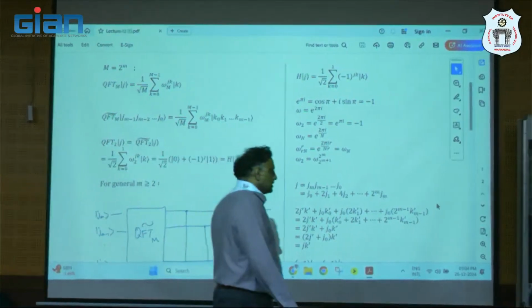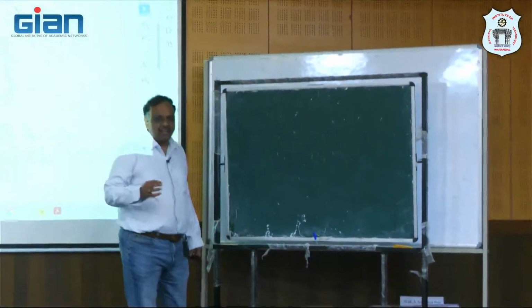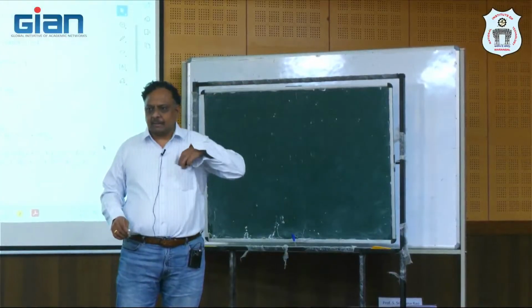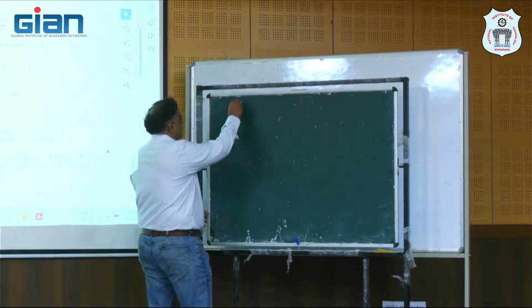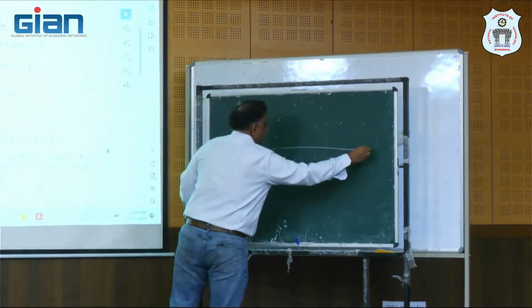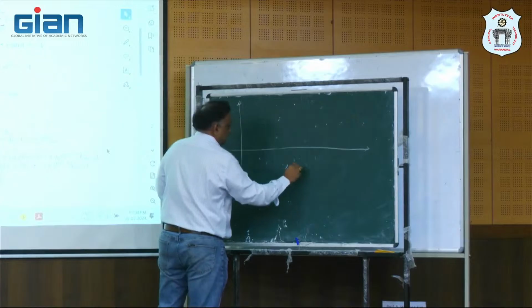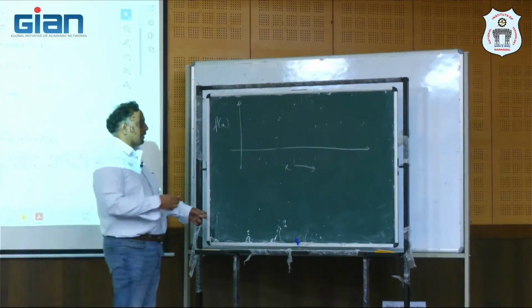Okay, so some people were asking, how do we see periodicity in Simon's problem? What happens usually? Suppose we have f of x, and x going like this.